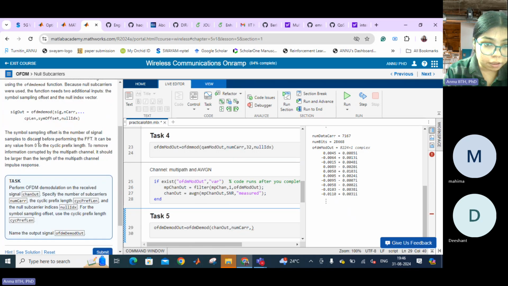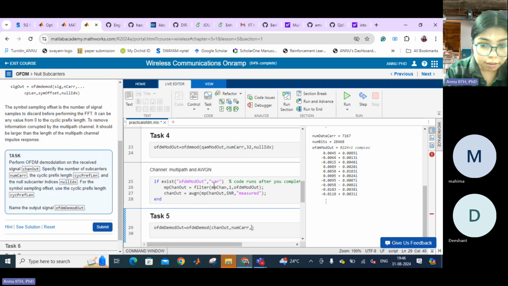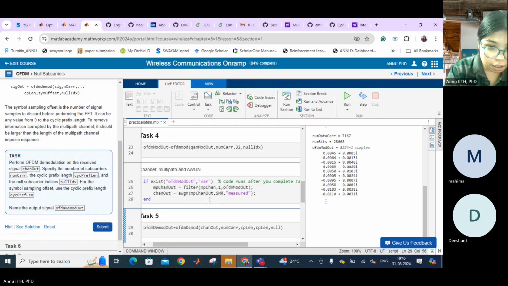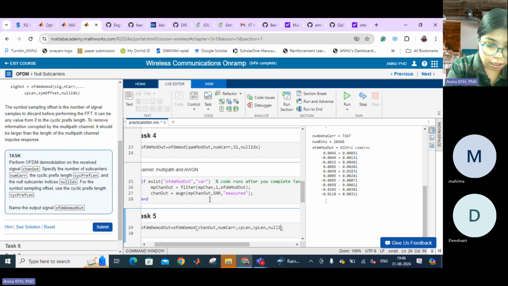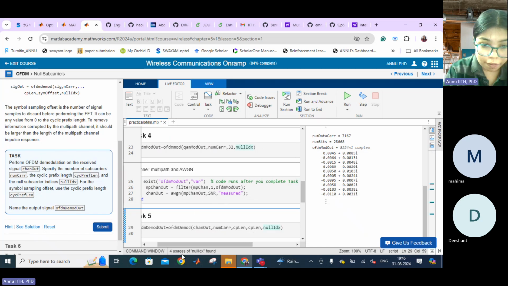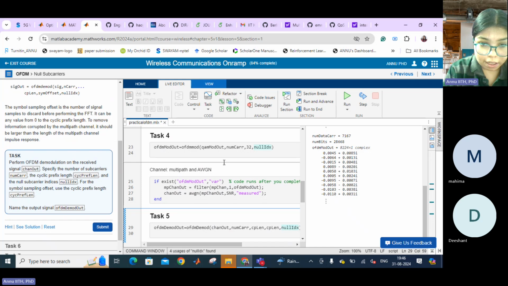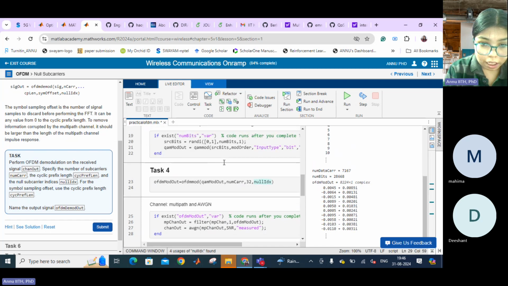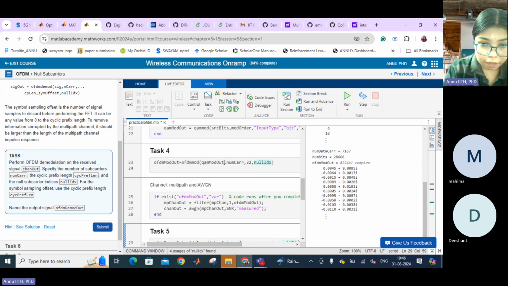What are the inputs? CP length. Again, we are providing that as a CP length only. Symbol offset. While doing OFDM modulation, we didn't provide this symbol offset, we only provided the cyclic prefix length.